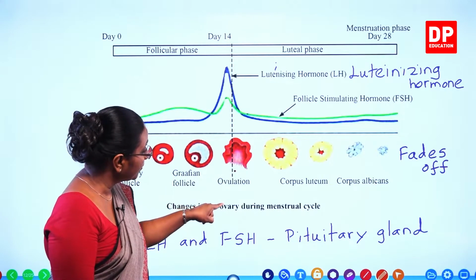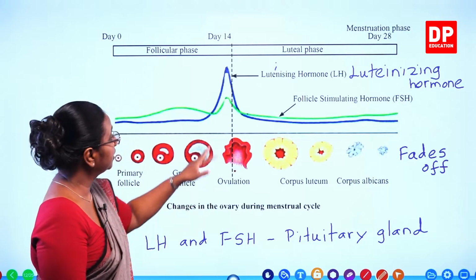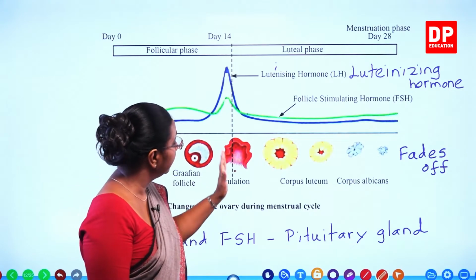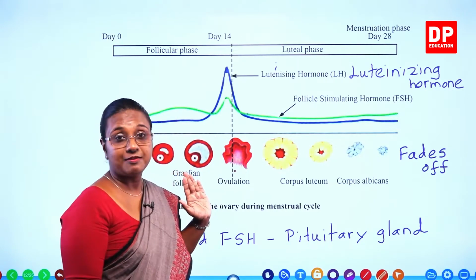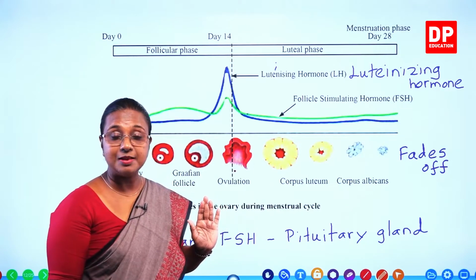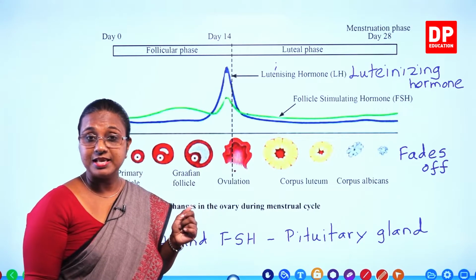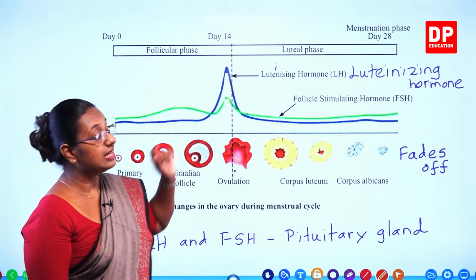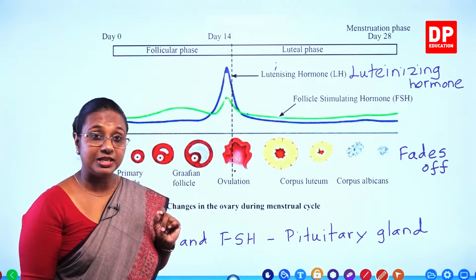So, the ovum is released. Thereafter, both hormone levels drop in the bloodstream, but the burst Graafian follicle develops into the corpus luteum, then the corpus albicans, and finally the corpus albicans fades off. That takes another 14 days, and that process is what we call the luteal phase.